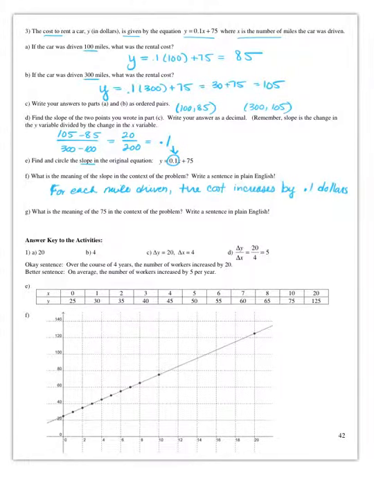And what does the 75 mean in this problem? The 75 is our y-intercept. So when 0 miles have been driven, the cost to rent the car is $75.